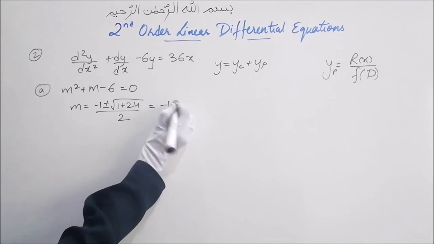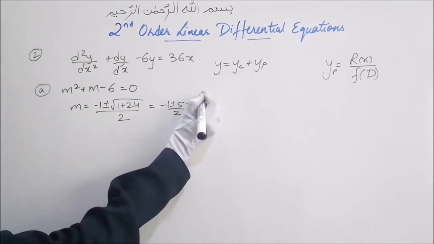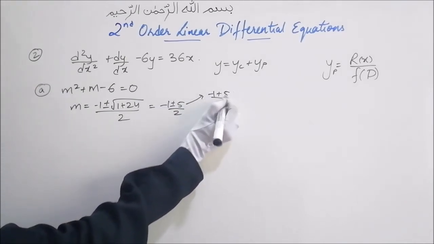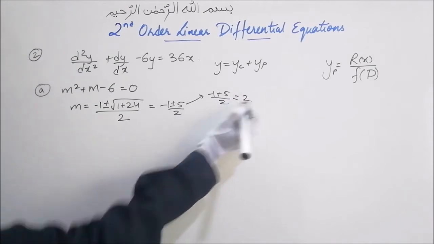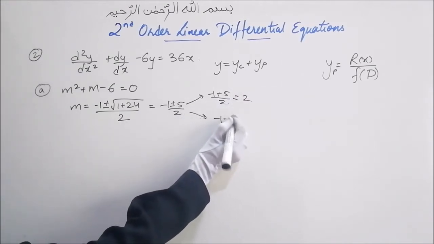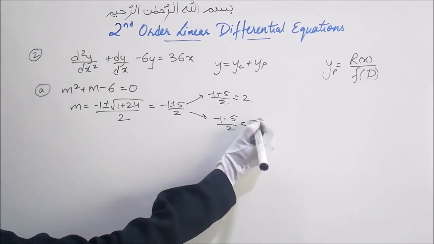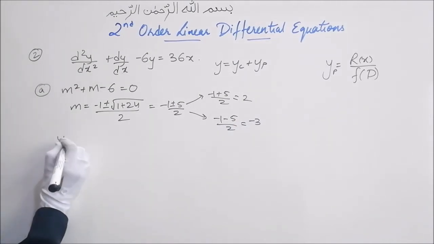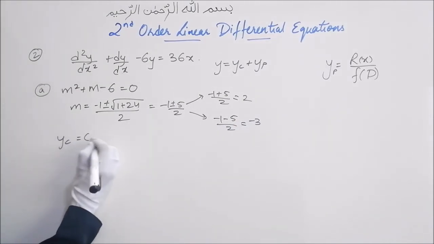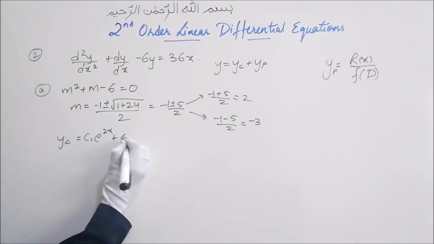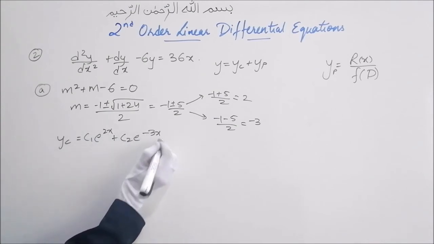That is minus 1 plus minus 5 by 2. Again we'll have two solutions, minus 1 plus 5 by 2, that is 4 by 2, which is 2, and minus 1 minus 5 by 2, that is minus 6 by 2, that is minus 3. Therefore yc will be equal to c1 e raised to 2x plus c2 e raised to minus 3x.